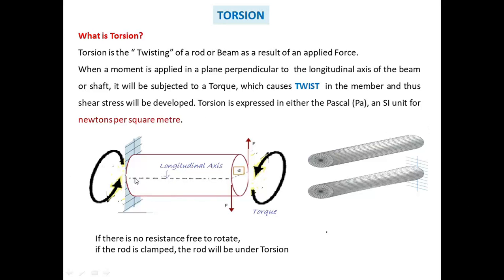This is the longitudinal axis, right? When you apply a torque, it will produce shear stresses. So this is torsion. Stress is expressed in Pascal or the SI unit, that is Newton per square meter, right?